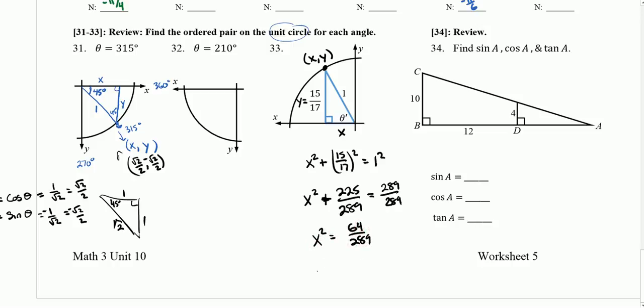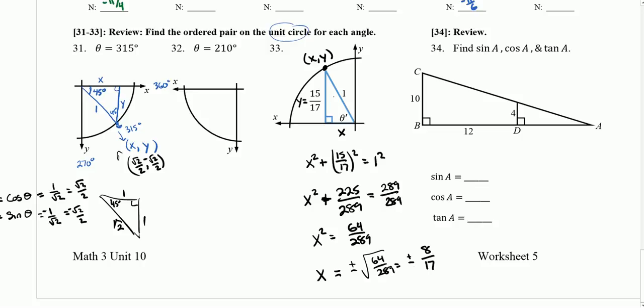And then when we take the square root, we end up with x is, could be positive or negative, square root of 64 over 289, which is positive or negative 8 over 17. And we need to decide, should x be positive or negative?